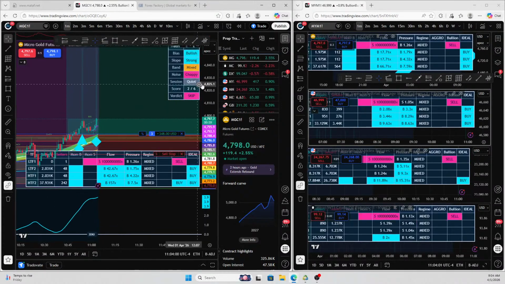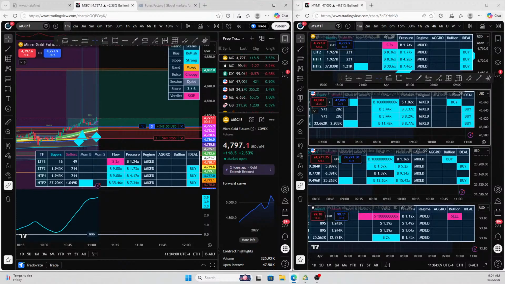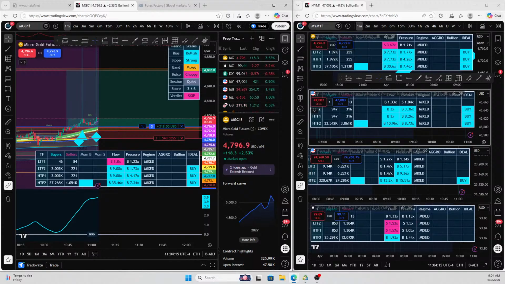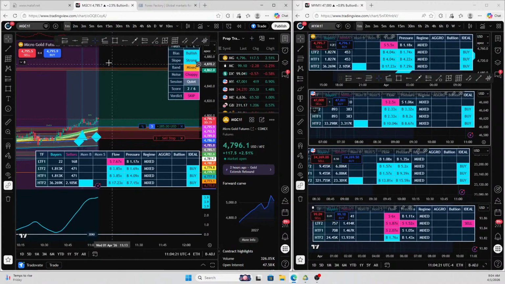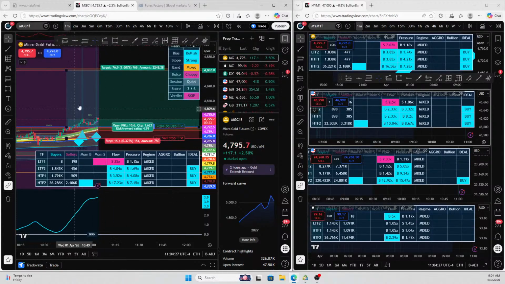I'm sure patience will get rewarded on this trade. Volume is picking up. That's a good sign for us. Now what we want to see is back-to-back 30-minute candle closes and then pushing to this level right here. Any close below this level now is going to be bearish.